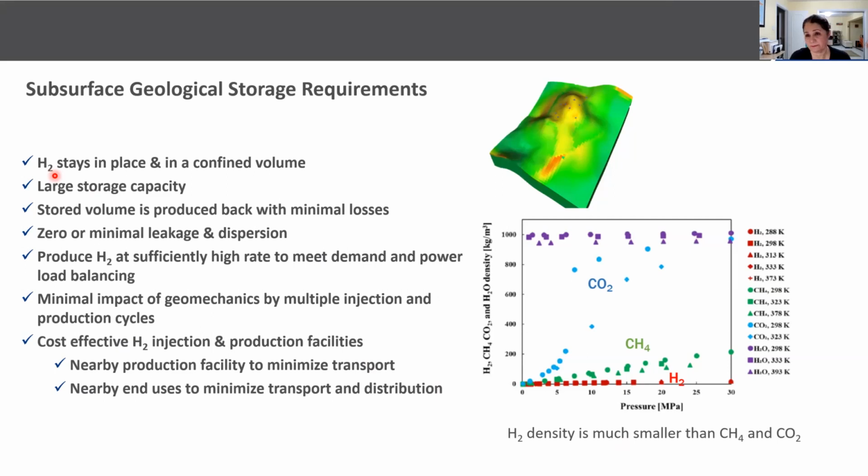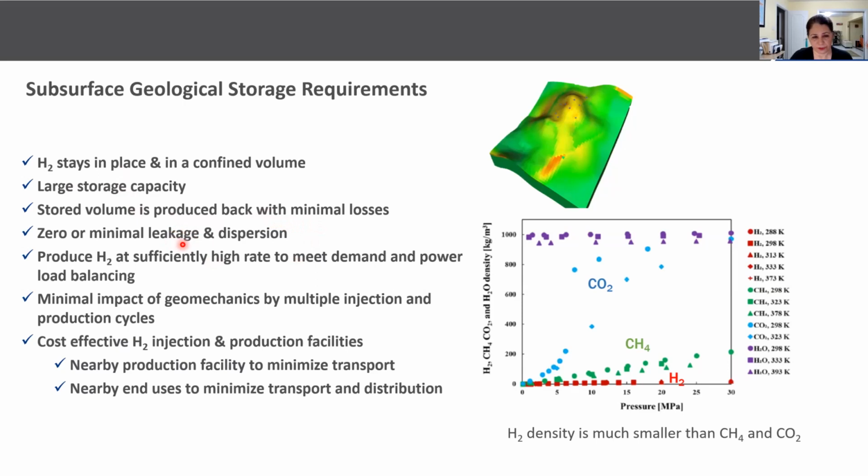It's a commodity, and these might be week-type cycles versus maybe month cycles, depending on the demand at the time. You're looking for large storage capacities, especially for those that you're trying to store for a longer period of time and then produce back on a seasonal basis. You have to be able to produce most of the hydrogen that you injected with minimal losses.